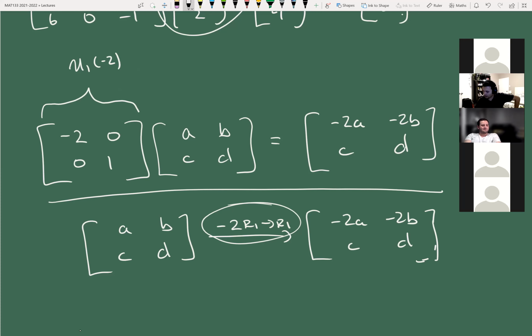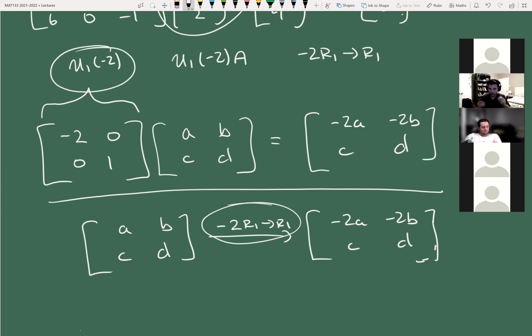By definition, if you look at what U1 negative 2 does, in the assignment it says U1 negative 2 A should be the matrix A after you've performed this operation. Do you have the assignment in front of you? Do you notice how the assignment says U_i,c should be the matrix A after I've applied the operation c R_i goes to R_i?